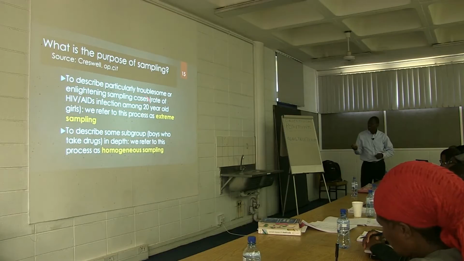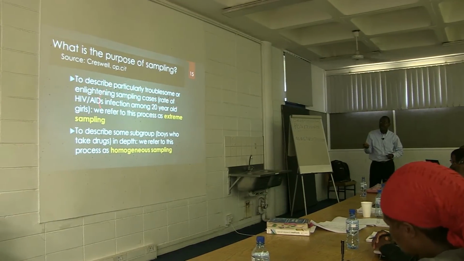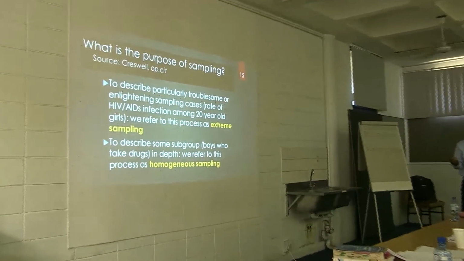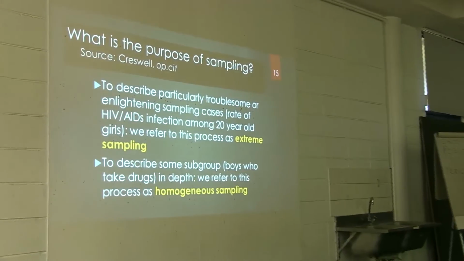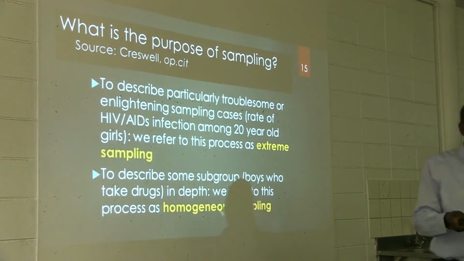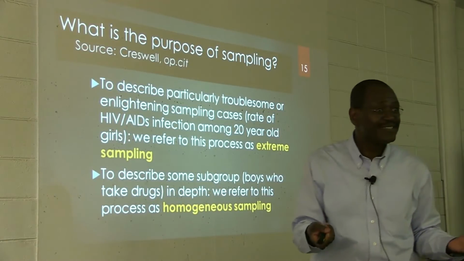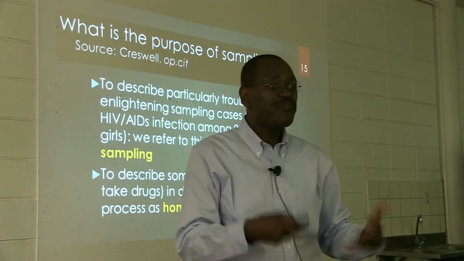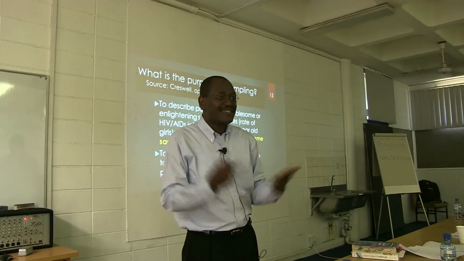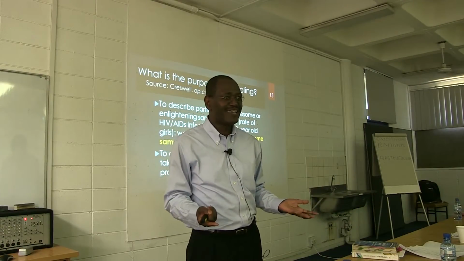So you may want to describe a very troublesome issue, such as the prevalence of ovarian cancer among black women, okay? Or the prevalence of prostate cancer among black men. If you're a health person, you know prostate cancer is more common among black men than it is among white men, okay?